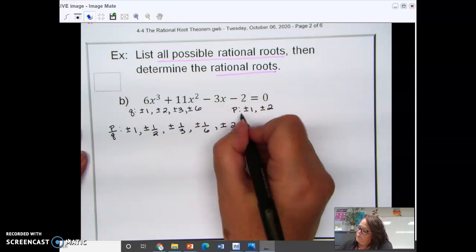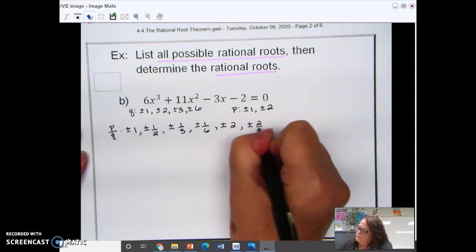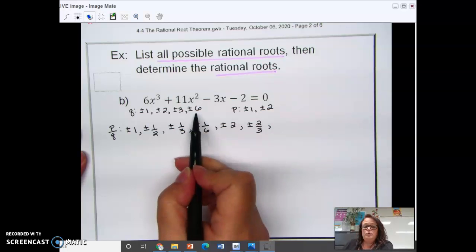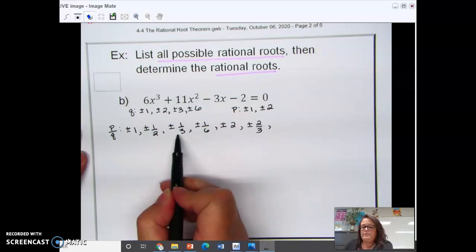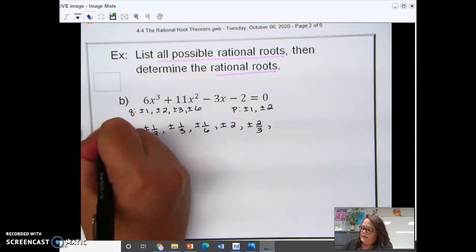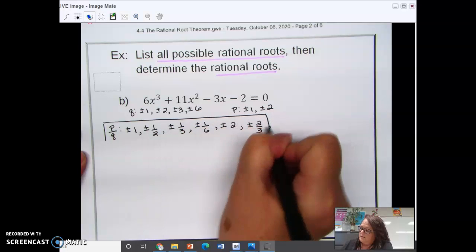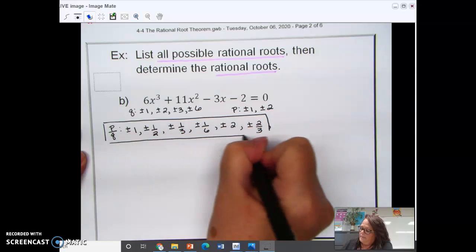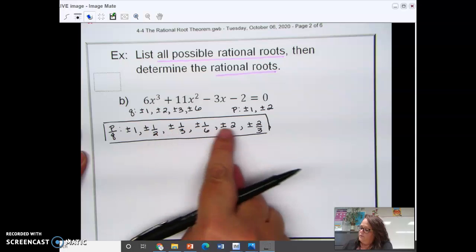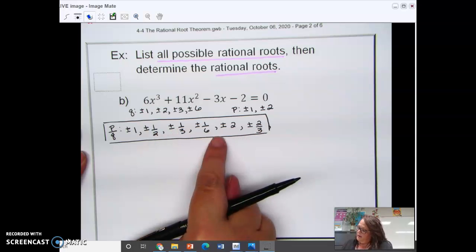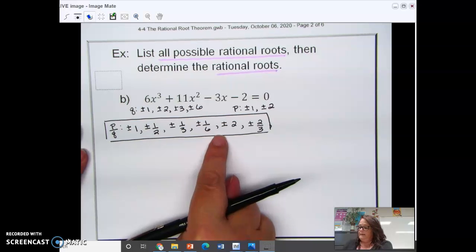So then I have 2 over 3, and then I have 2 over 6, but 2 over 6 reduces to 1/3, and I already have that. All right, so 1, 2, 3, 4, 5, 6. That means that we now have 12 different possibilities, right?